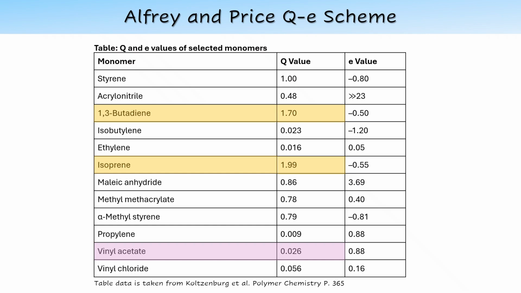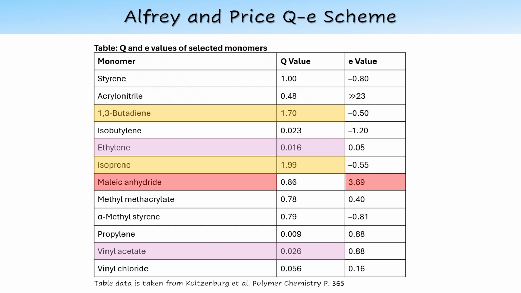In contrast, simple monomers like ethylene and vinyl acetate have very low Q values. The E values tell the polarity story: negative values for electron-rich monomers like styrene and positive values for electron-poor ones.